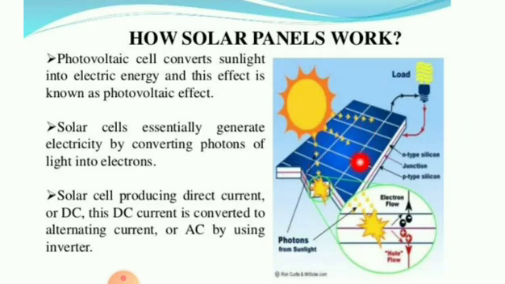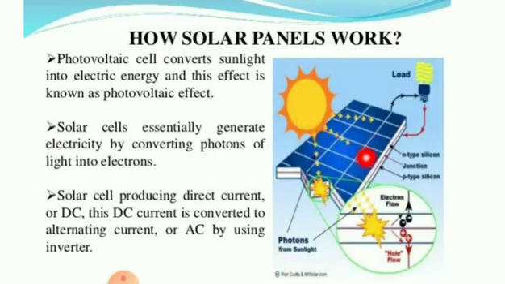So this is a solar panel. The photovoltaic cell converts sunlight into electrical energy, and this effect is known as the photovoltaic effect. So which one converts sunlight into electrical energy? The voltaic cell. The voltaic cell is used to convert light radiation into electricity.